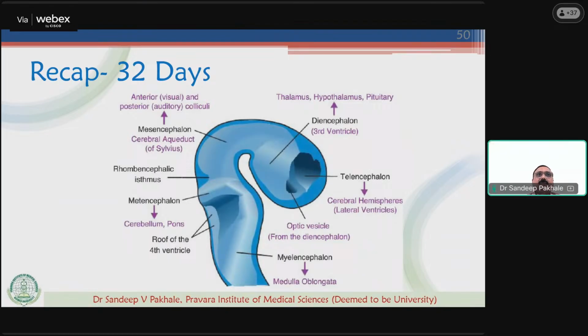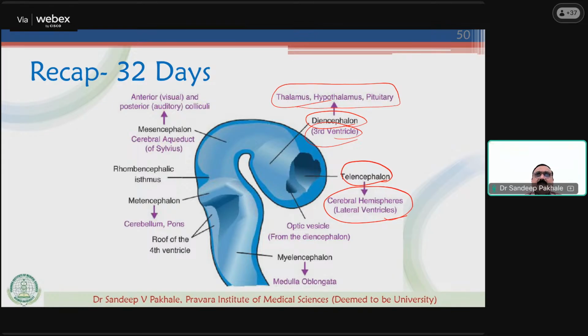So till now, this diagram summarizes brain development. That is, telencephalon forms the cerebral hemispheres, and the cavity is the lateral ventricle. The diencephalon forms the thalamus, hypothalamus, and pituitary, and the cavity is the third ventricle.